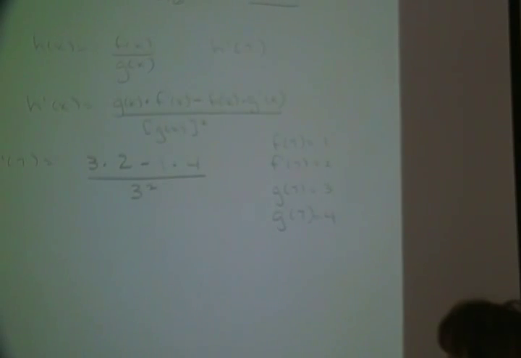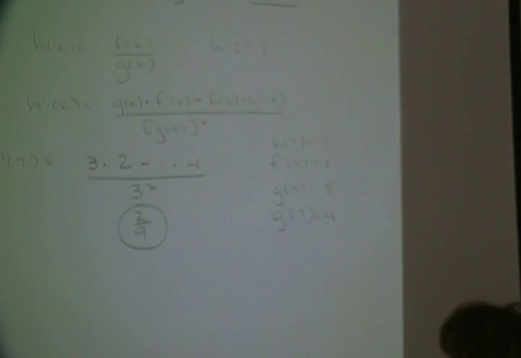So it would be h prime of 7 would be g of 7, which is 3, times f prime of 7, which is 2, minus f of 7, which is 1, times g prime of 7, which is 4, all over g of 7 squared. And so 6 minus 4 over 9, 2/9.